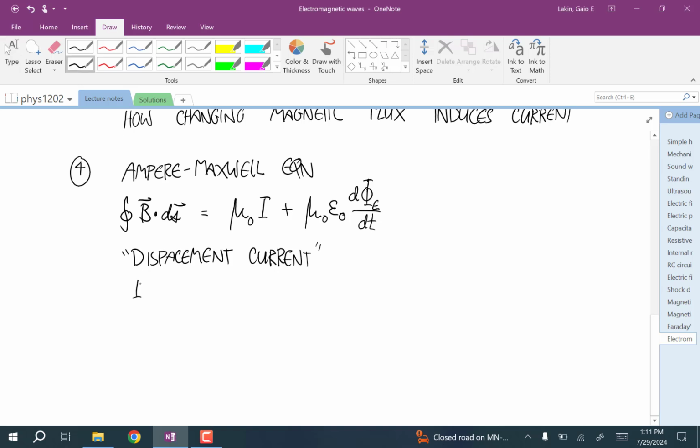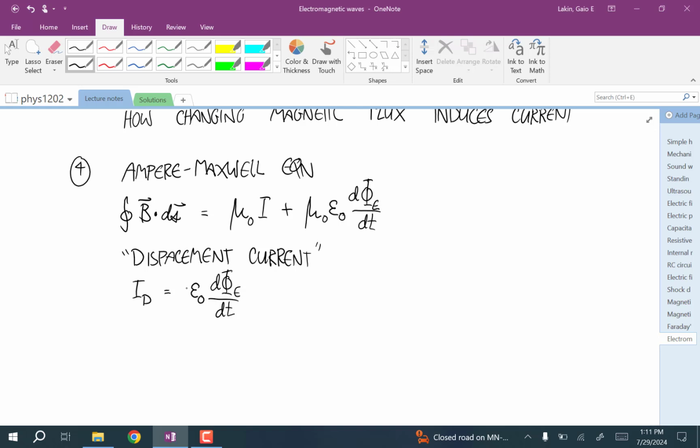The definition of this displacement current is the constant epsilon sub 0 times the derivative of the electric flux with respect to time. This is really helpful, or necessary, when you're dealing with capacitors that are charging or discharging.